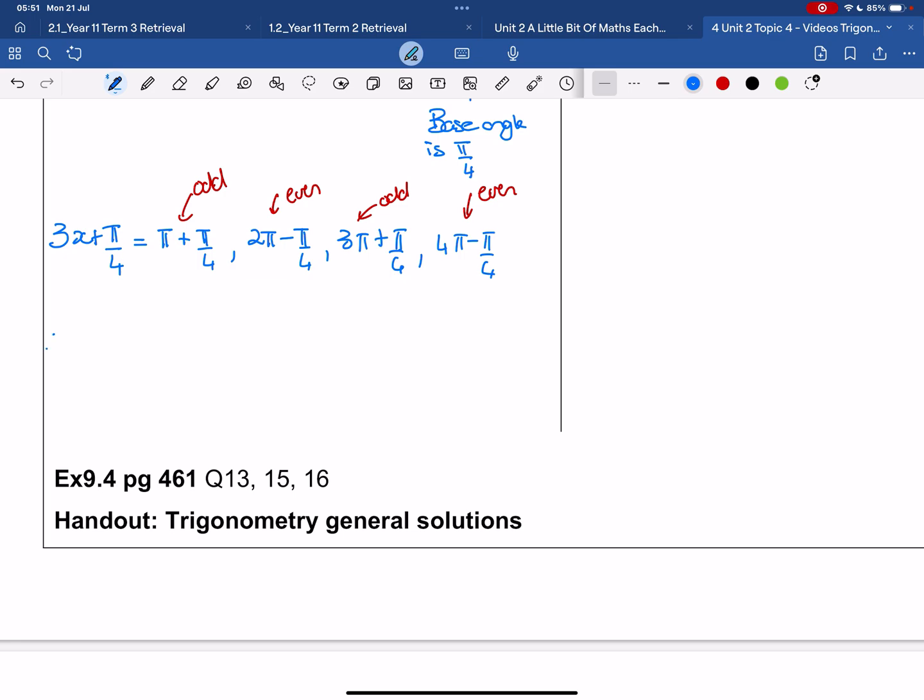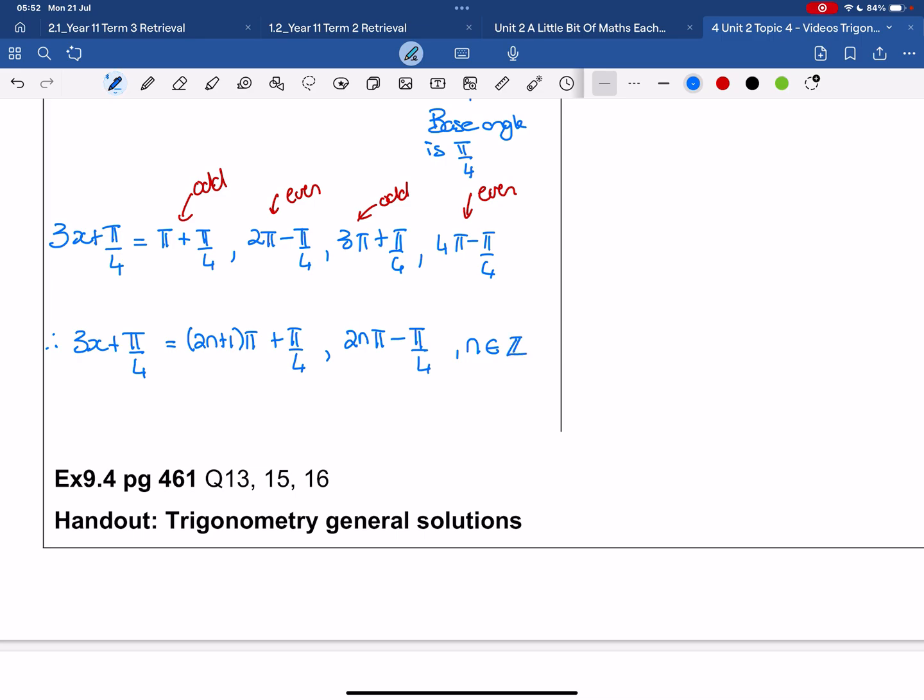So I can say, therefore, 3x plus pi on 4 is going to be 2n plus 1 pi plus pi on 4, or 2n pi minus pi on 4, when n is an integer.